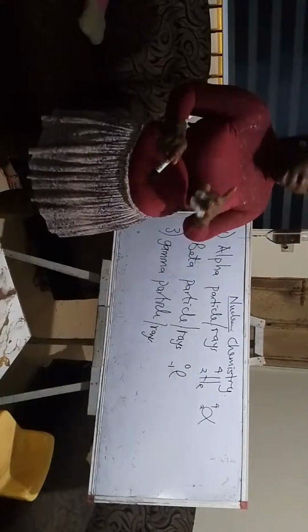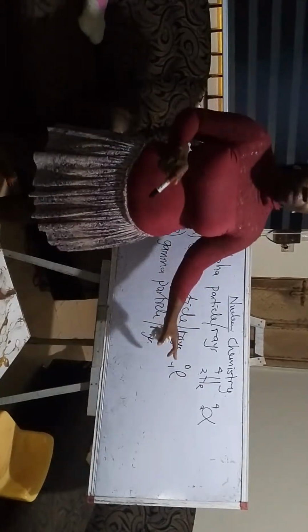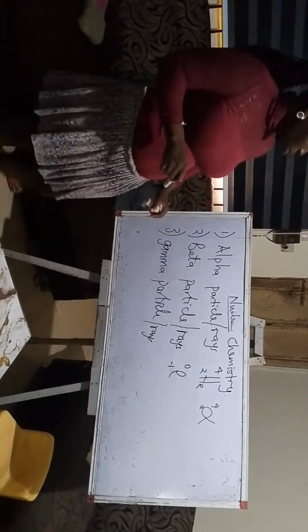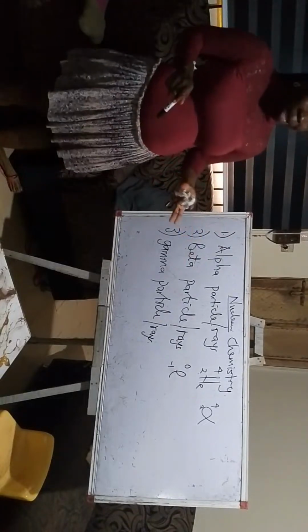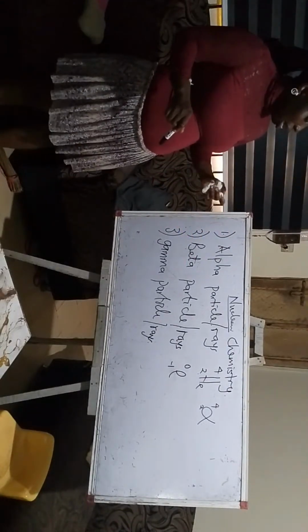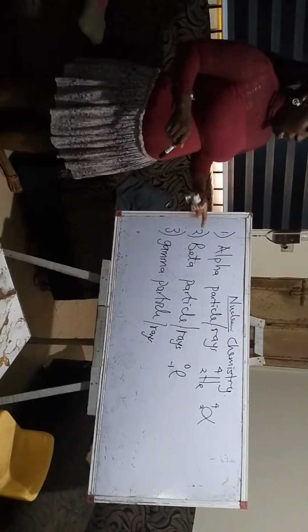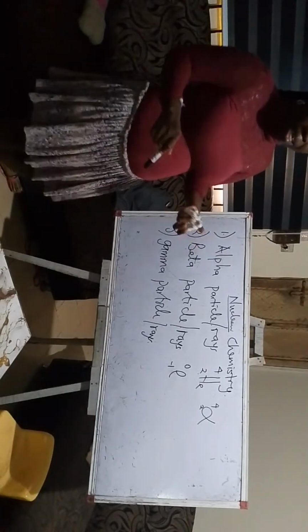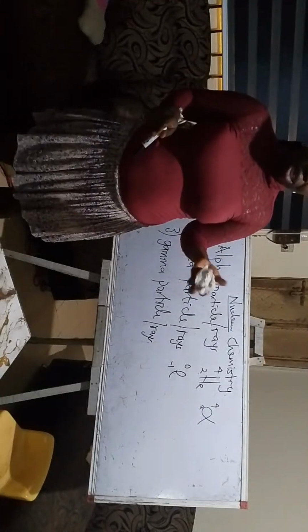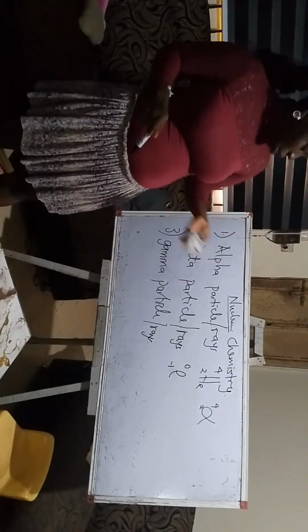That is +1, while that of beta is -1. It has no mass number. It is also negatively charged and it can be stopped by a piece of paper.